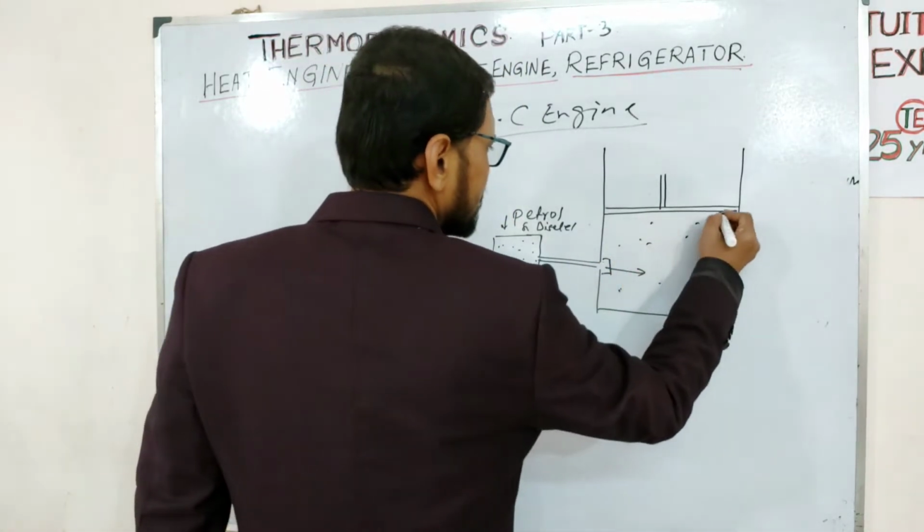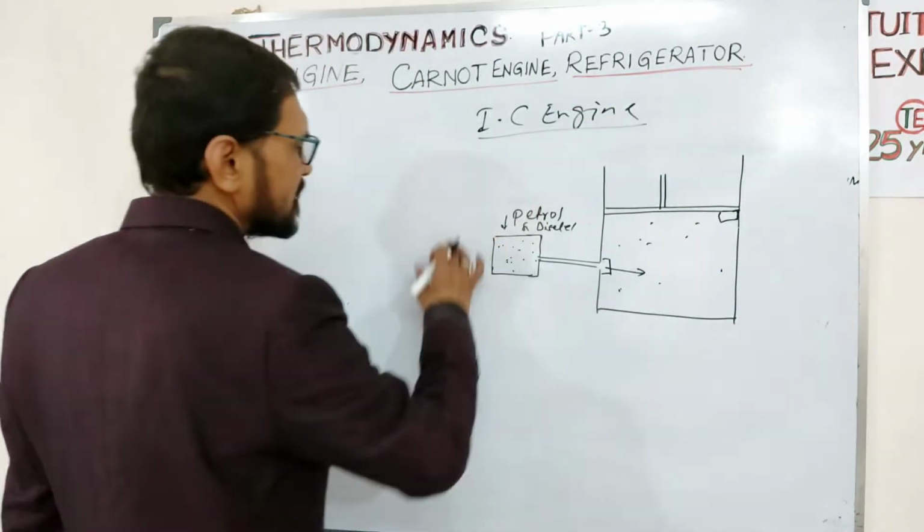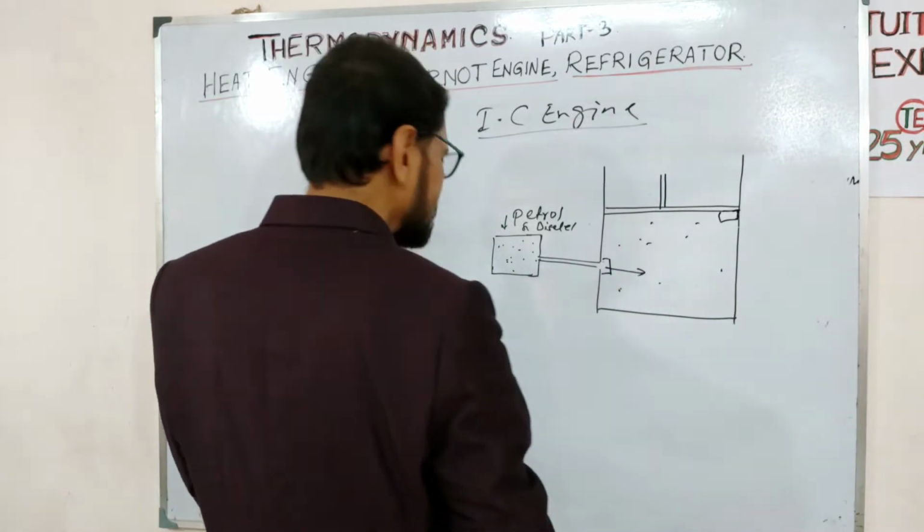Here a valve is present. So this is the simple diagram; a more complicated diagram exists, but I am showing the simple one. Here a crank mechanism is present.